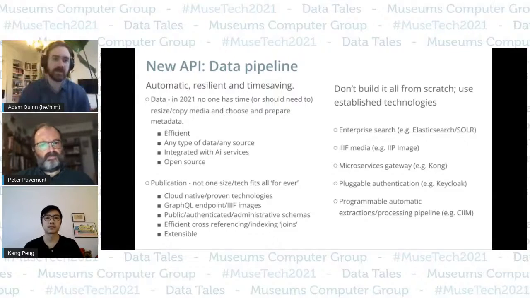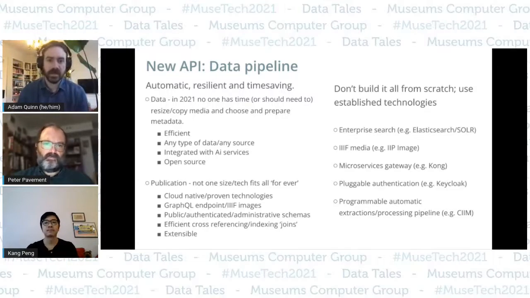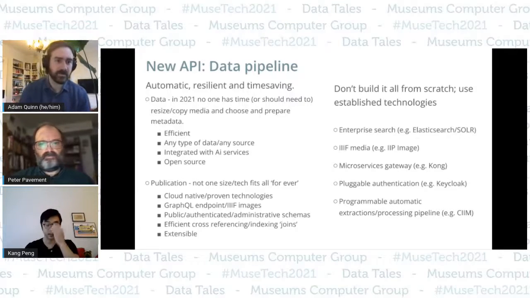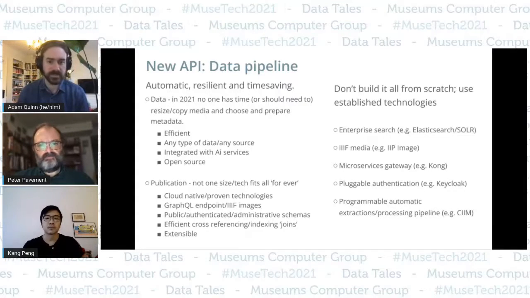We want to make sure that no matter what we do, it's built on top of good data and good practice. And also, we're trying to use as much out of the box as possible. So enterprise search, like Elasticsearch, IIIF, using microservices like Kong as the gateway, a public access to our API and a private access to our API possible for future projects.